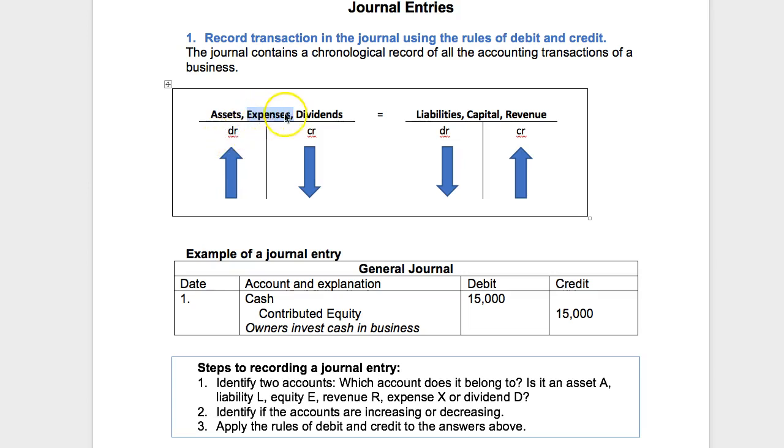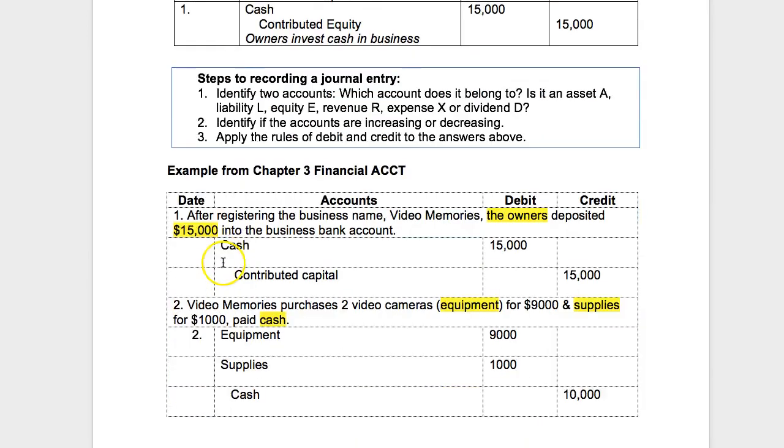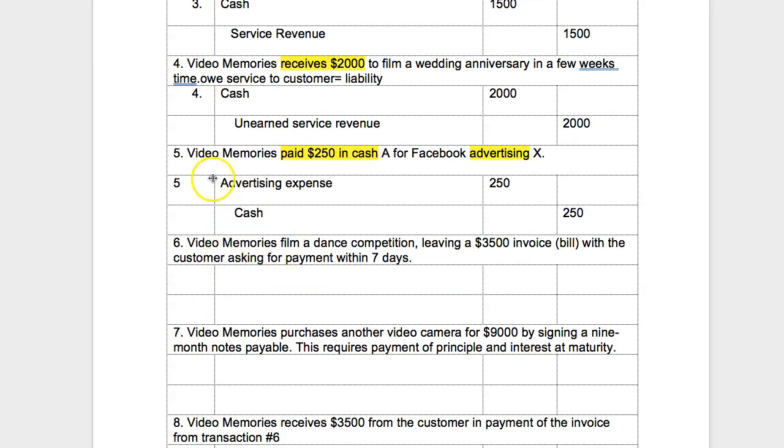The reason why expenses and dividends increase with a debit is because overall they will decrease your equity. Now, one thing to note here is that with expenses, you need to write the name of the expense. So you have to write advertising. If you have a business, you need to know what are the names of the different expenses that you have in your business. All right, I've done half the question now.